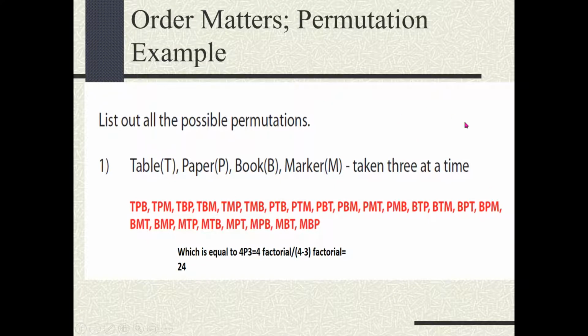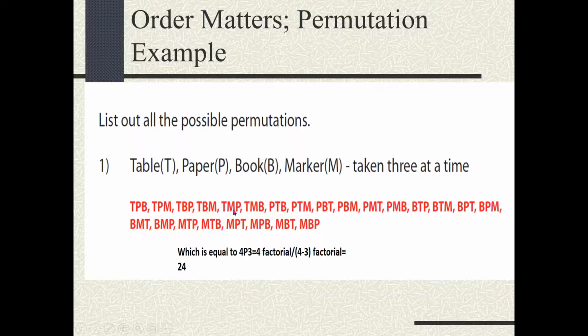Okay, so suppose we have these 4 objects: table, paper, book, and marker, and we have to select 3 at a time. One hypothetical selection would be that a table is chosen in the first slot, a paper in the second, and a book in the third, and so on.